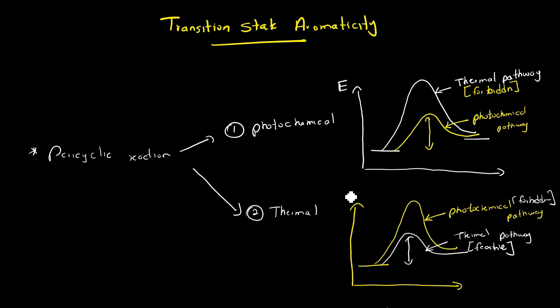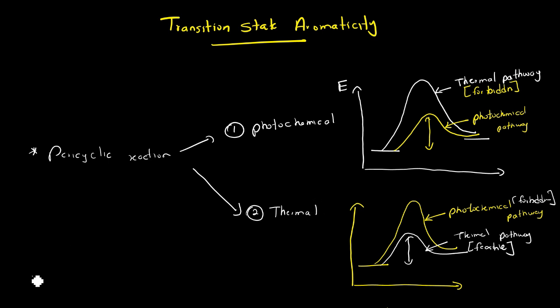Now you have to understand that a given pericyclic reaction under certain conditions cannot undergo both pathways. I mean, one particular pericyclic reaction in given conditions cannot go on both thermal and photochemical pathways. It can go either by the photochemical pathway or by the thermal pathway. That's the case.